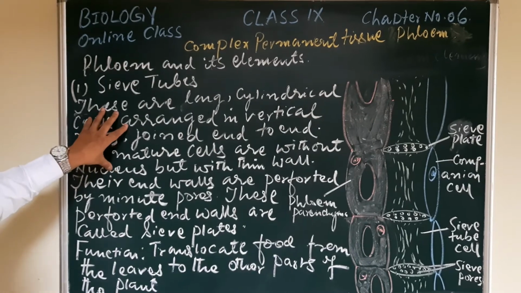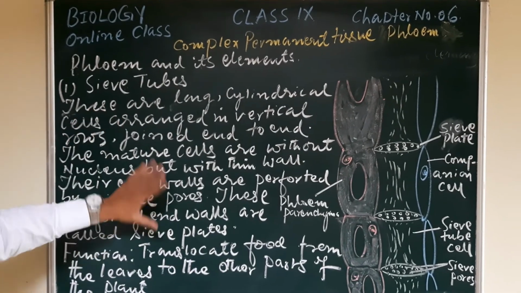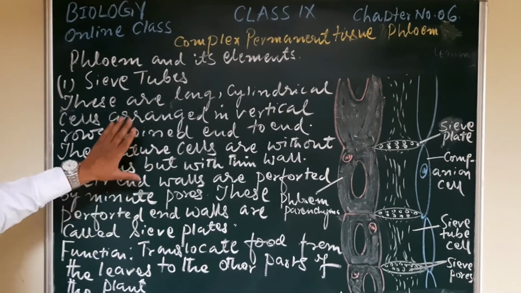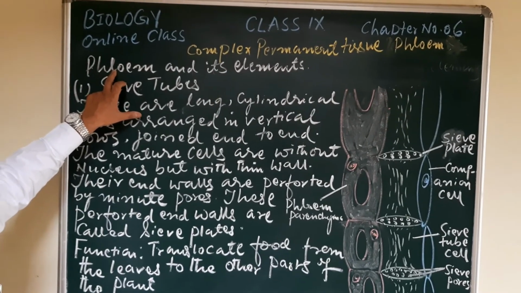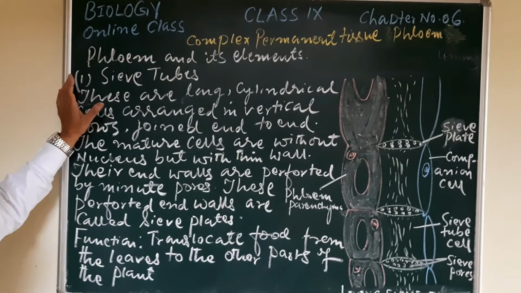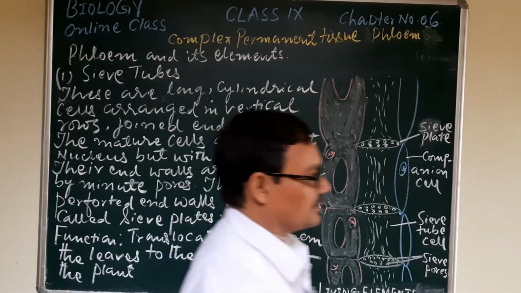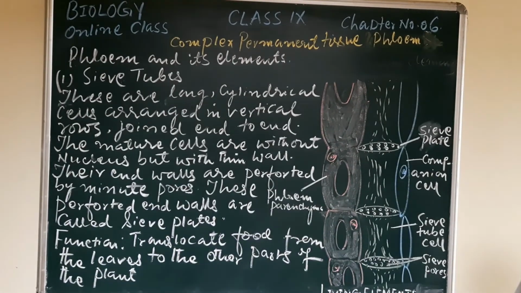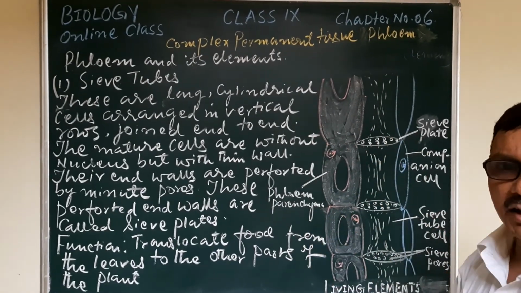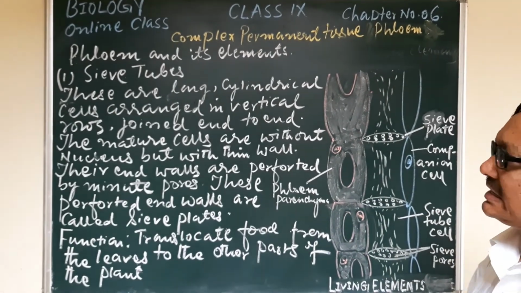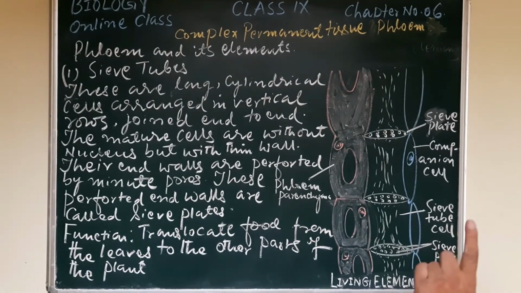In the earlier part of this lesson, you have seen that phloem is also composed of 4 different types of cells or elements. Out of them, 3 are living and only 1 is a dead cell, that is the phloem fibers.